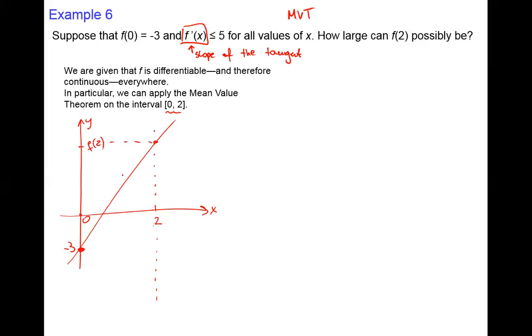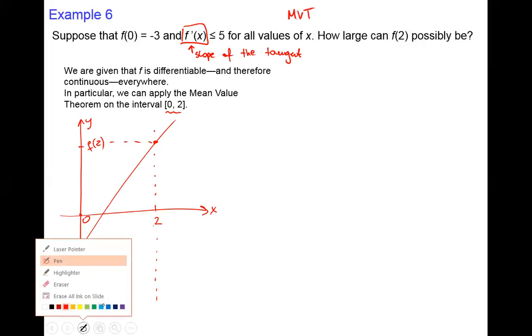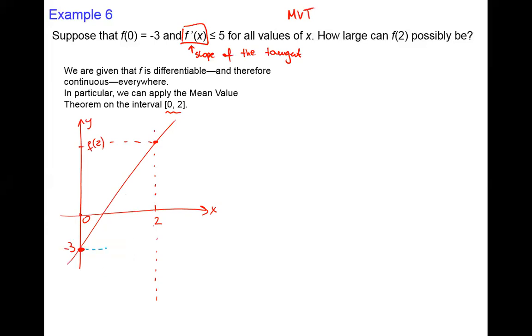And if the slope is 5, do you think you can tell me, just using the slope value, what is the value of f of 2? Because rise over run, okay? Rise over run must be 5.